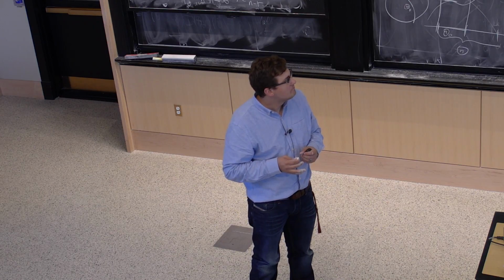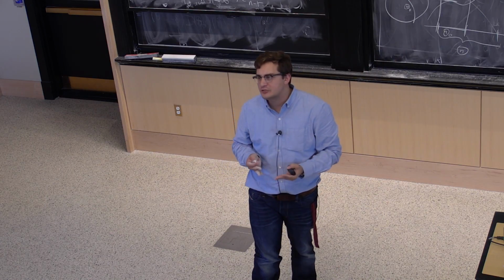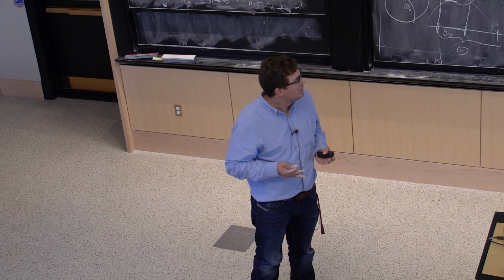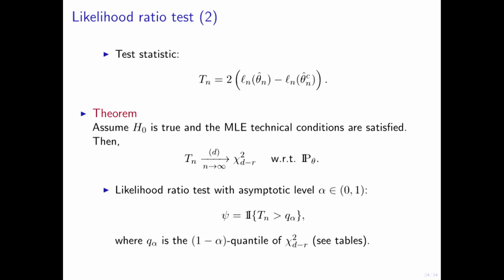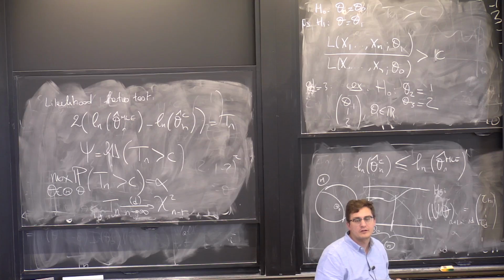Okay, so now that we know what the asymptotic distribution is under the null, we know how to control, which table we need to pick our q alpha from. And here again, the table is a chi-square table, but here the number of degrees of freedom is this weird d minus r degrees of freedom thing.